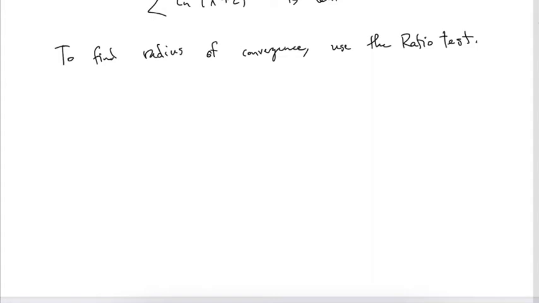Let's try it out. Let's do an example. The sum of n over 4 to the n, times (x plus 3) to the n. I would like us to find the center and the radius of convergence.